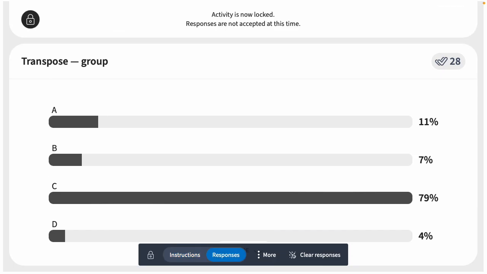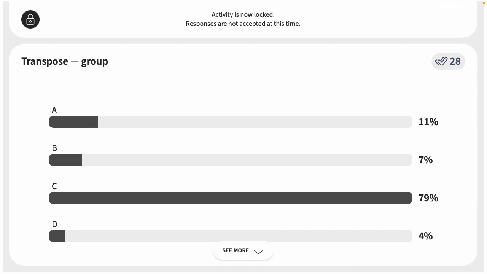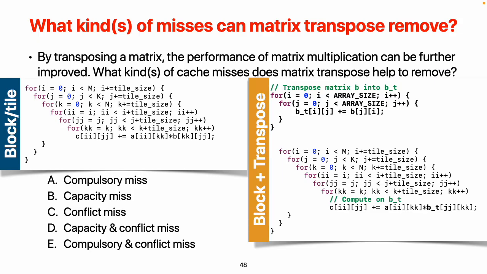All right, let's take a look. Okay, after discussion, more of you think the answer is C. So, can some of you share your thoughts with us?